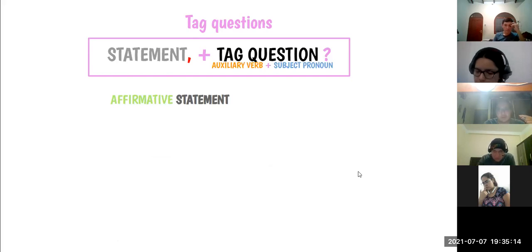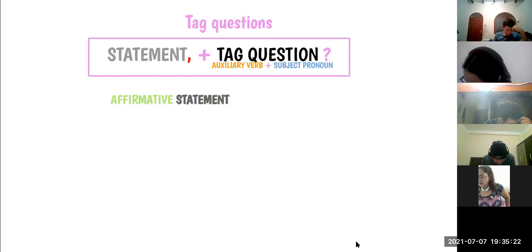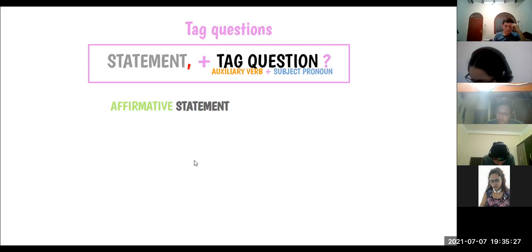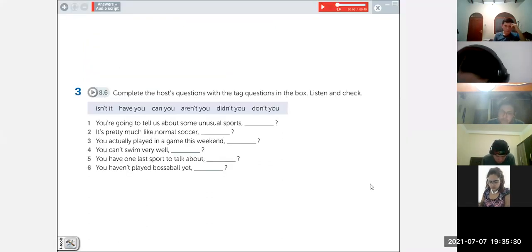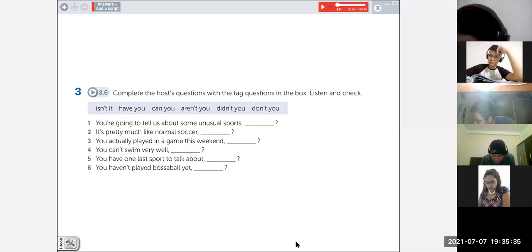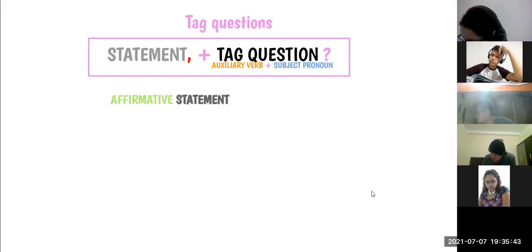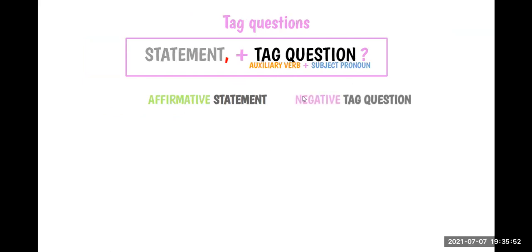For example, sentence number 1, sentence number 2, number 3, number 5, all of them are affirmative statements, right? How do we form the tag questions for these affirmative statements? With a negative. With a negative auxiliary verb, right? Yes, so we need a negative tag question.